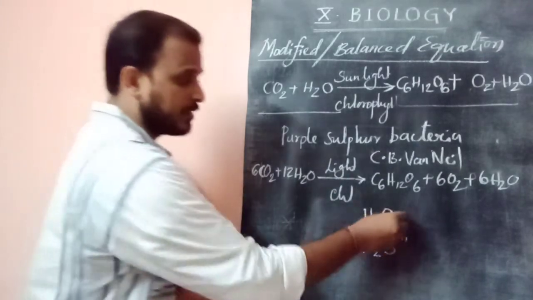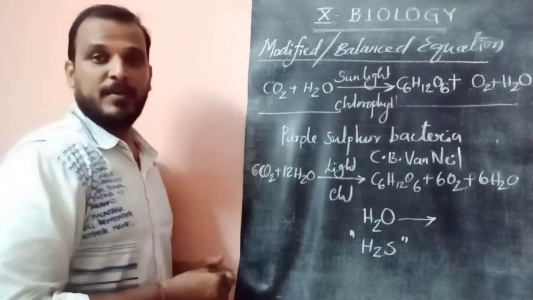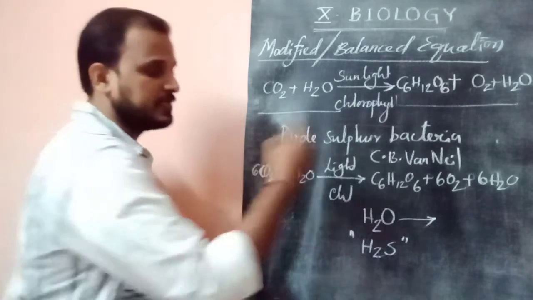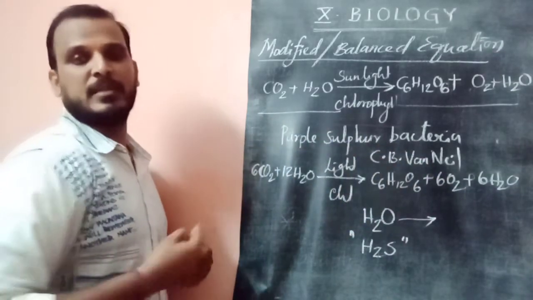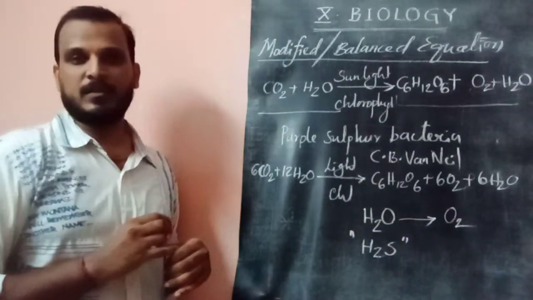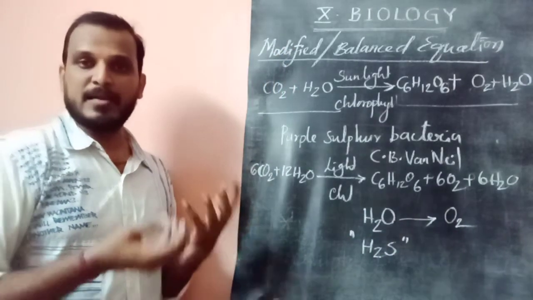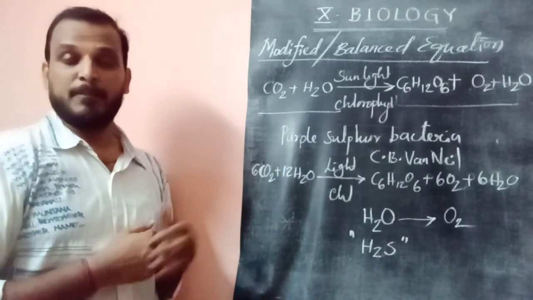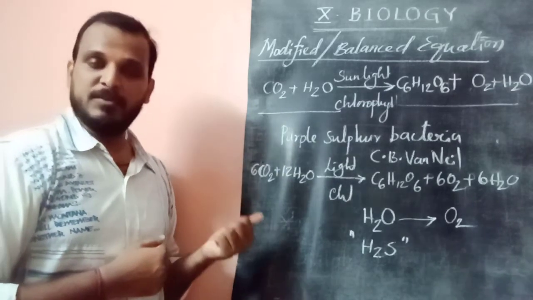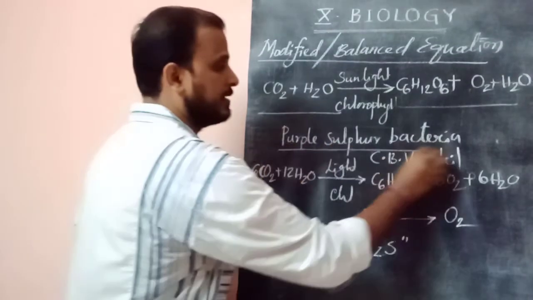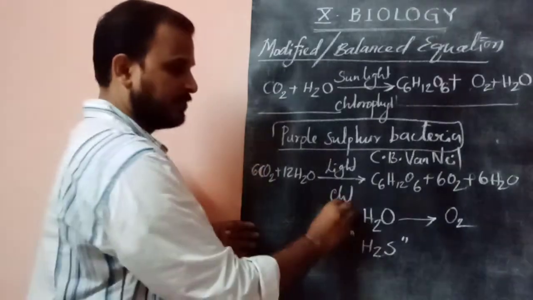When water is used, what is released in the case of photosynthesis? Oxygen is released. Understand, dear children? When plants use water, they release which gas? Oxygen gas.